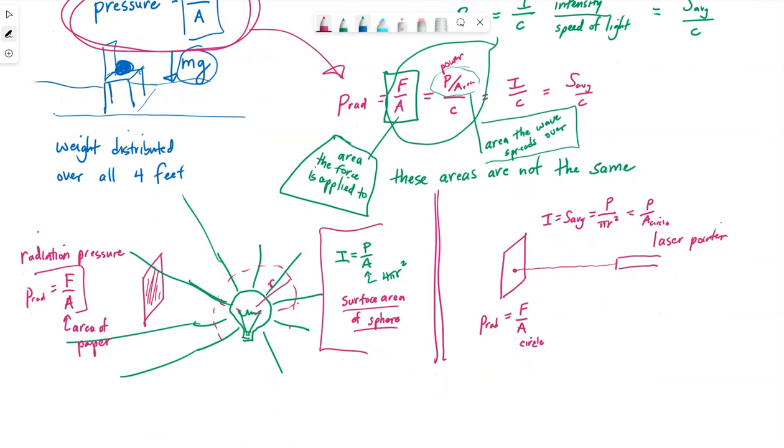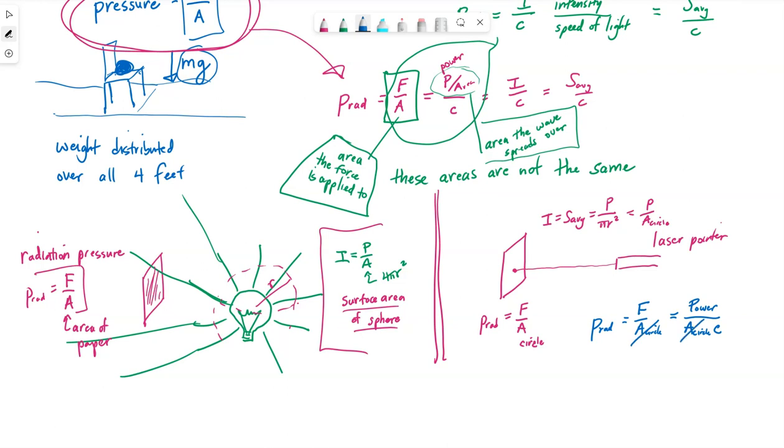So if I were to write out my equation, that radiation pressure is the force per area of that little tiny circle that the laser pointer makes, that would equal the power, I'm going to write out power so I don't confuse it with pressure, over the area of the little circle that all of that power is within.